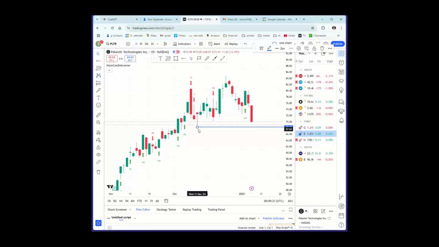But this long lower shadow shows an area of demand. Because what happened is the market opened here, got down to here, and opened here, got down to here, and then closed right near the highs of the session. So strong buying interest. No bullish signals at all down here. All right, so the trend is down, but this is potential for support.